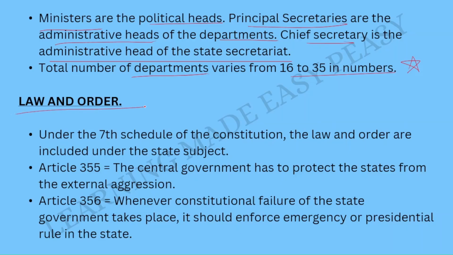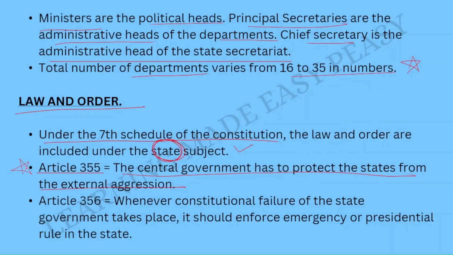Finally, we have law and order. In the law and order, we need to understand that under the 7th schedule of the Constitution, law and order are included under the state subject. So, law and order comes under the state subject. Article 355. It says what? The central government has to protect the states from external aggression.